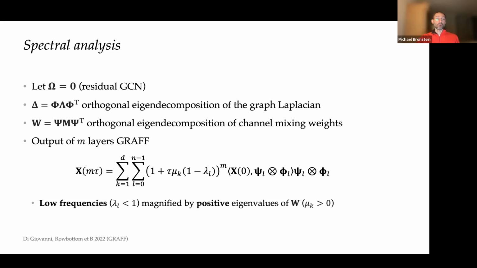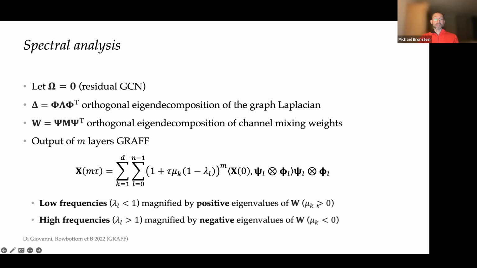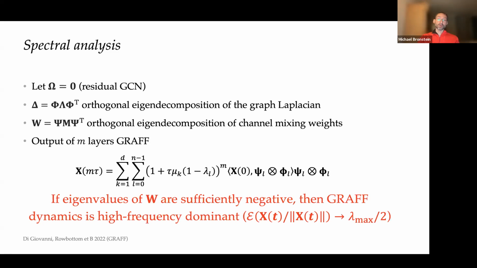So what we see is that low frequencies, normalized between 0 and 2 for the graph Laplacian, meaning lambda smaller than 1, are magnified by positive eigenvalues of W, mu greater than 0. And high frequencies are magnified by negative eigenvalues of W. So basically, by choosing W with a trade-off between positive and negative eigenvalues, we can induce both high frequency and low frequency dynamics on the graph.